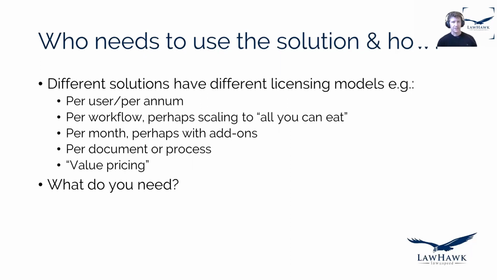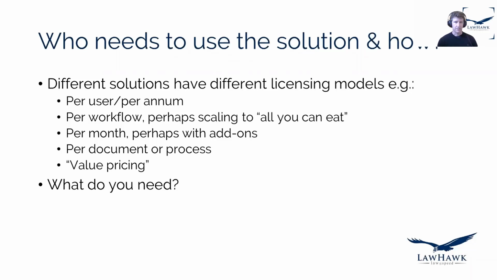A really important consideration that really gets to the heart of licensing challenges is working out who actually needs to use the solution and how they need to use it, because each of the different softwares comes with its own different licensing models, and these can really vary, and one model will work really well in one situation but not in others.